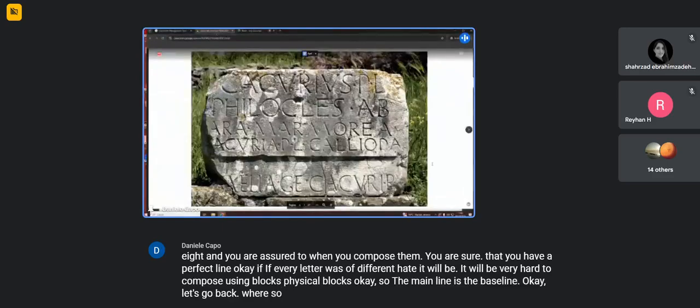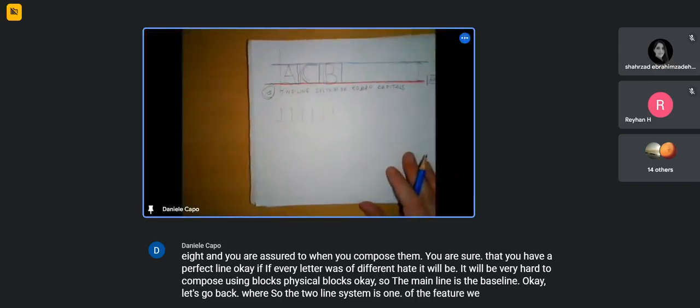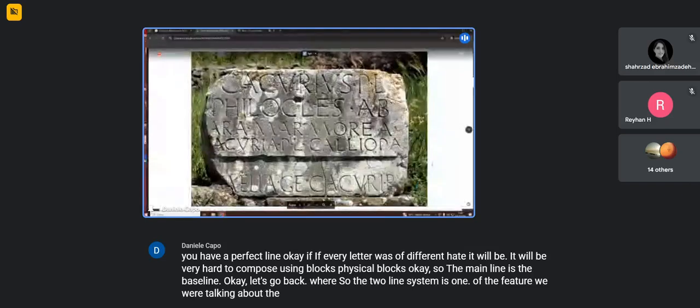So, the two-line system is one of the features we were talking about. The other one is the fact that letters are well detached, okay?